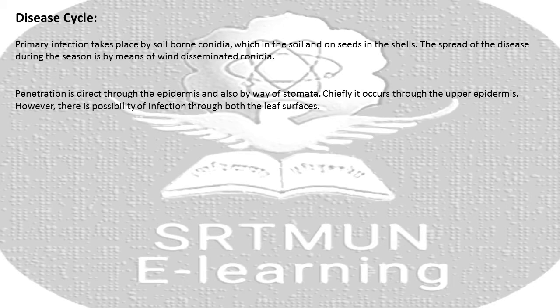Penetration is direct through the epidermis and also by way of stomata. Chiefly it occurs through the upper epidermis. However, there is a possibility of infection through both leaf surfaces.